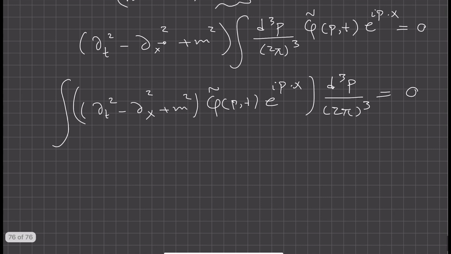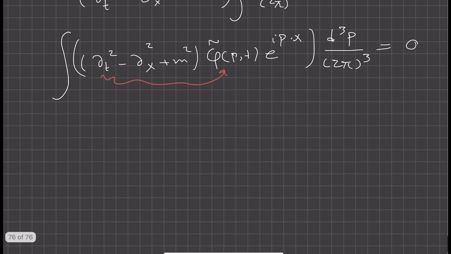Now something interesting. The first term can act on phi tilde, so I would have the time derivative of phi tilde of p and t. But now this time derivative doesn't act on the exponential of p and x. And that's why I separated time and space, because if I didn't separate them, I might have this problem. But now if we think that p and x are only a space component, then the time derivative acts only on the Fourier component.